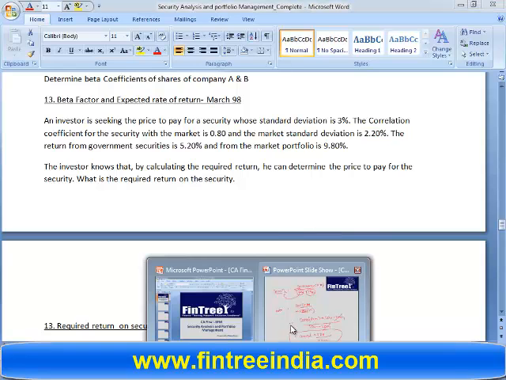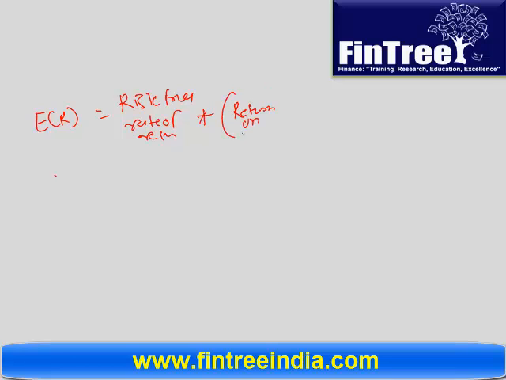Okay, and then write down the formula for the capital asset pricing model. Expected return or required return on a security is equal to the risk-free rate of return plus return on market minus risk-free return, multiplied with the beta of the stock.